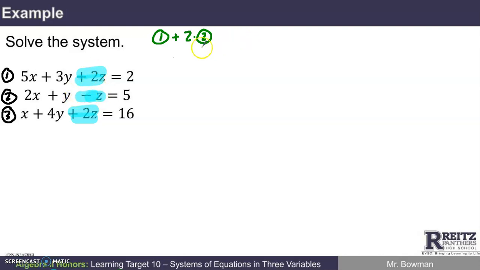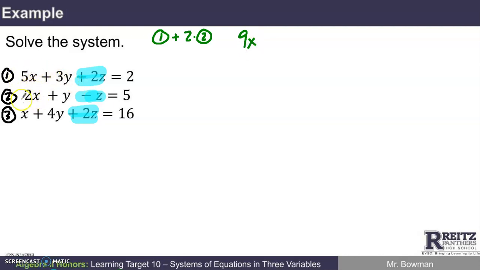So now I'm going to run through that process for my x terms, my y terms, my z's, and the number terms, and I'm going to create a new equation that has no z's in it. I need to take the first equation, 5x, and add to it 2 of these. If I take this and add 2 of these, I'm going to get 9x.